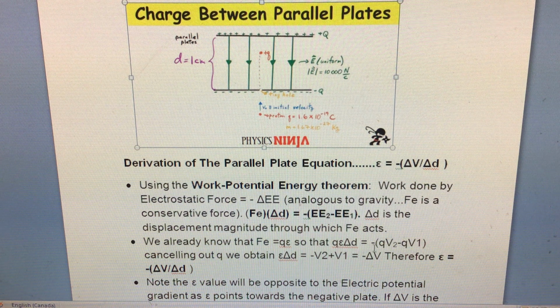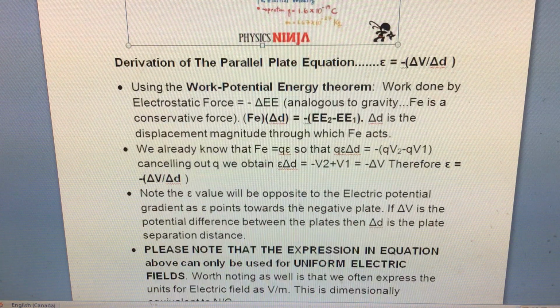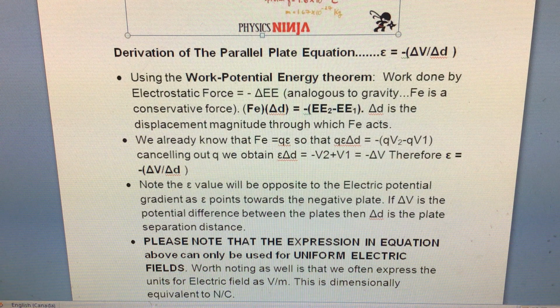It looks like that because there was a minus sign in front of it. Rearranging all of this, we see that your electric field, squiggly E, is equal to minus delta V over delta D. The minus sign, of course, just indicates that the electric field points in the opposite direction to the electric potential gradient. That's an important note.